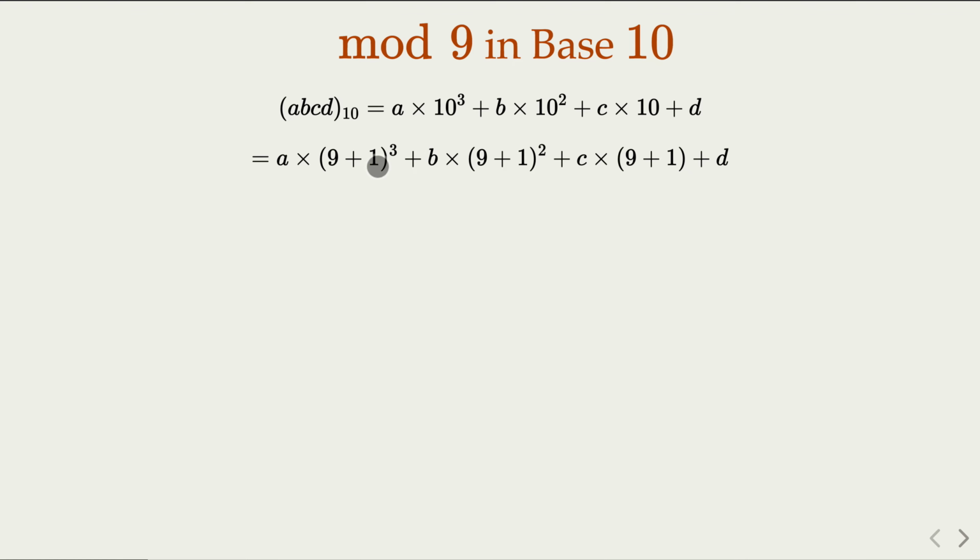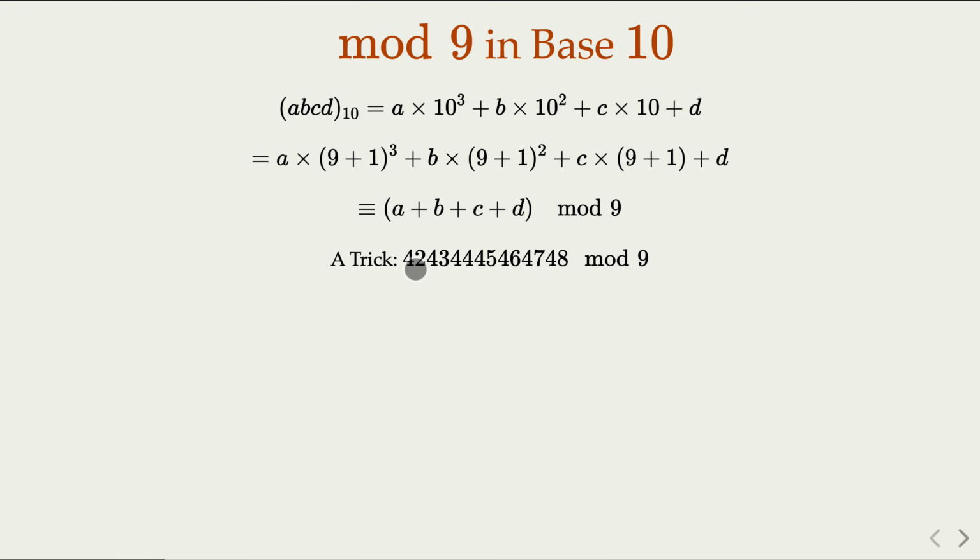So it becomes, this is because of that, right? So it's congruent to just adding the digits up. So to check if a number is divisible by 9 in base 10, you simply add the individual digits. The sum of digits is going to be the same remainder as the original number. So if a number is divisible by 9, then a plus b plus c plus d is going to be 0 mod 9. Okay.